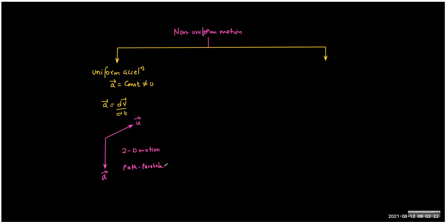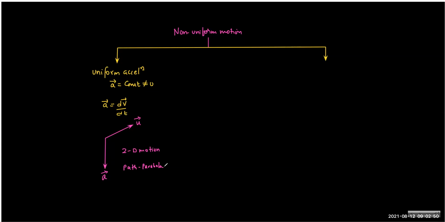Whenever acceleration is constant and you project some particle with a velocity which is not collinear with the acceleration, the path will always be a parabola.